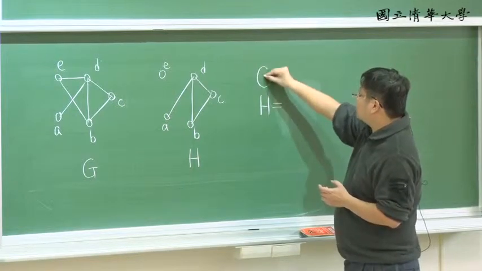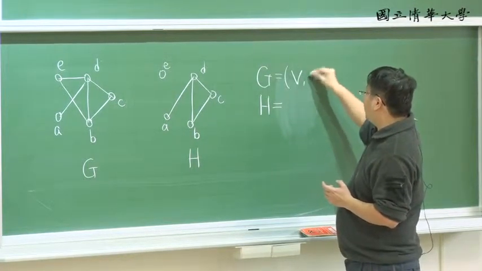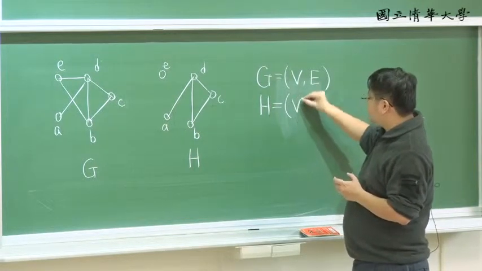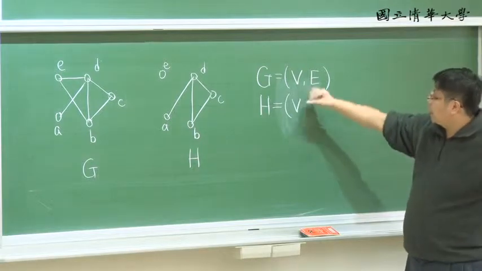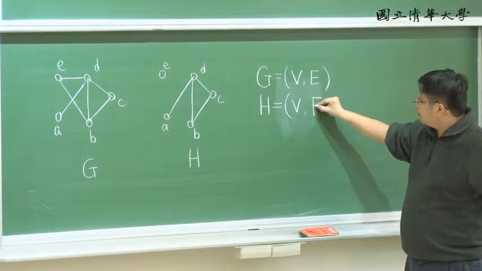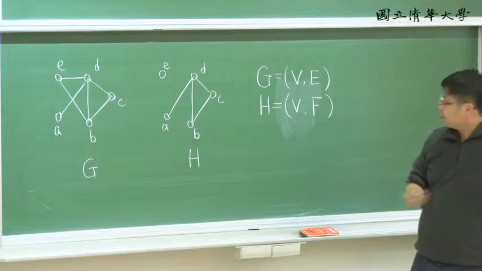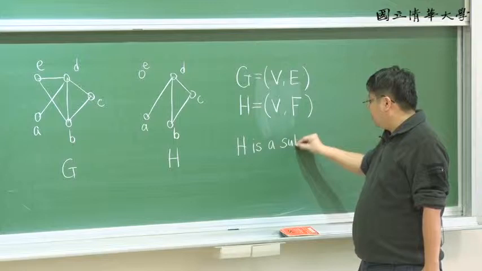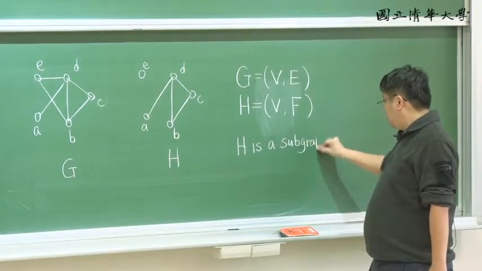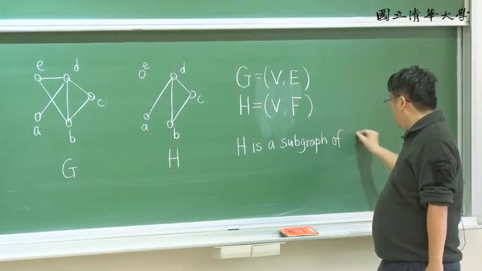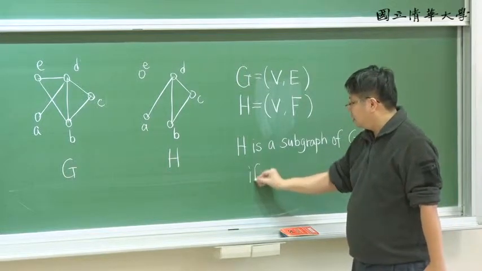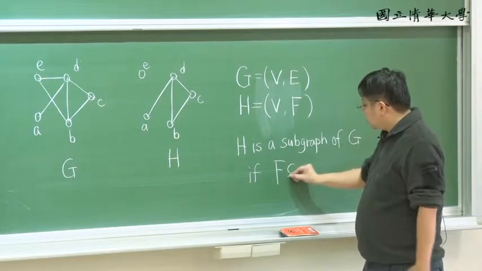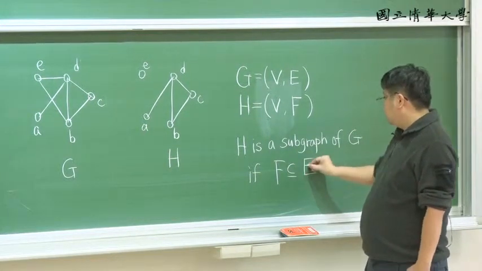Let's say G is defined on the vertex set V and edge set E. And then H is defined on the same vertex set as G, let's call it V again, but it may have a different edge set F. So we say H is a subgraph of G if the edges that H can pick are always chosen from all the edges in G.